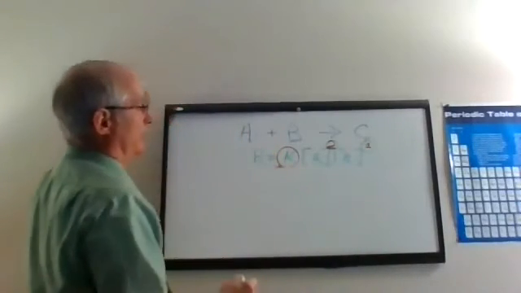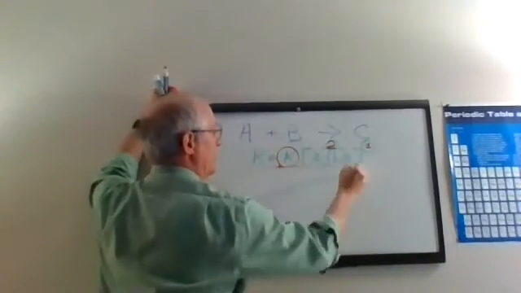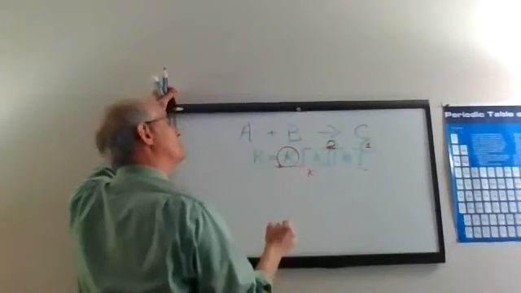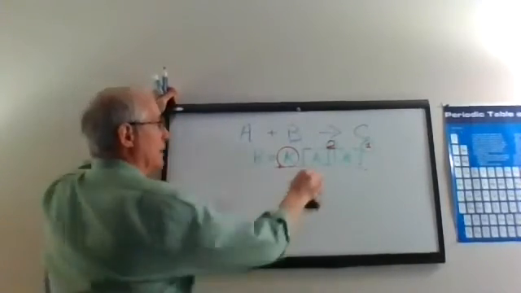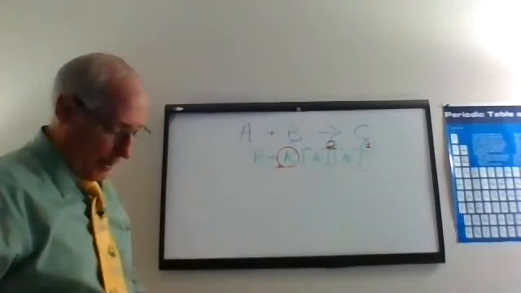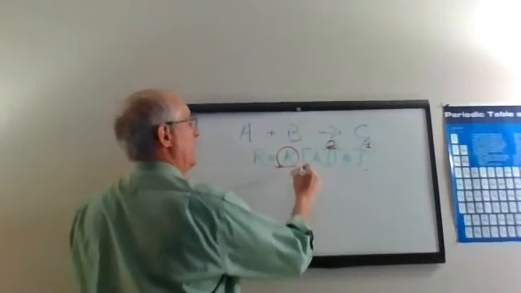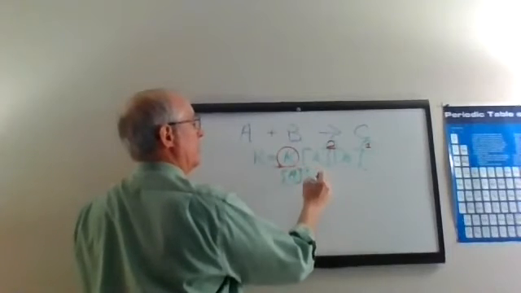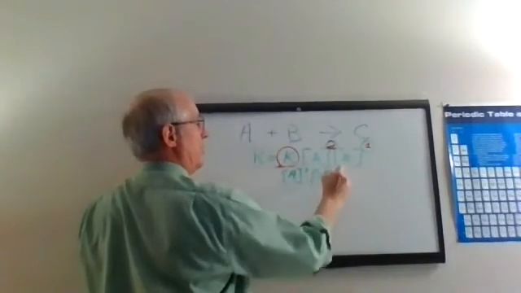First, solve for K. We want the value of K. So divide both sides by the concentration of A squared, concentration of B to the first power.